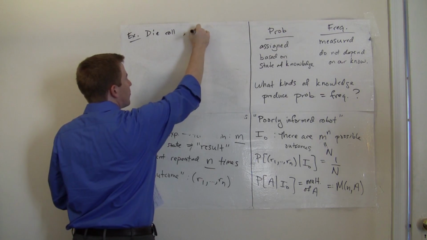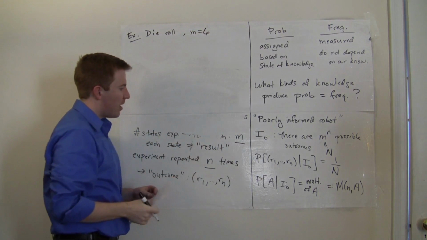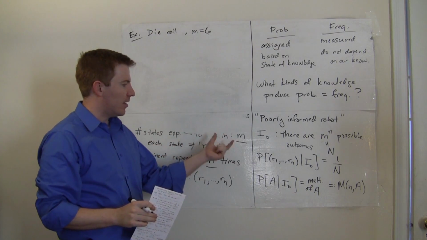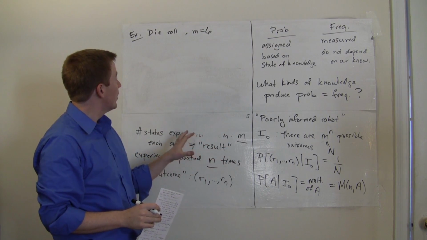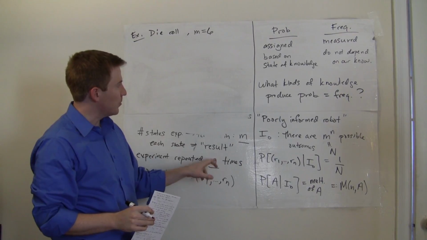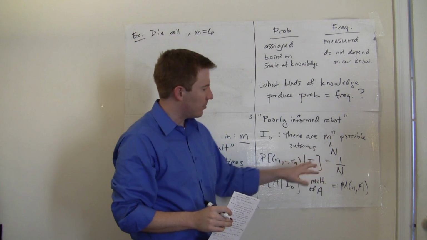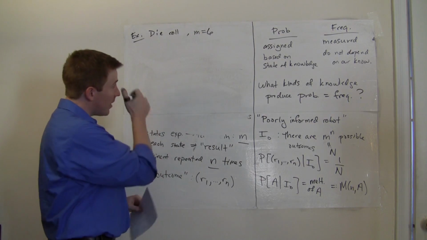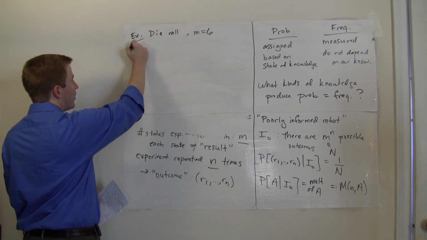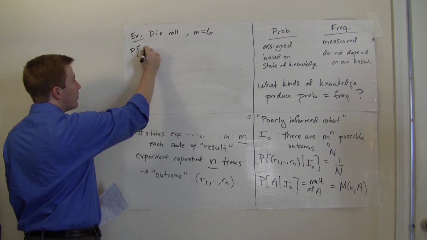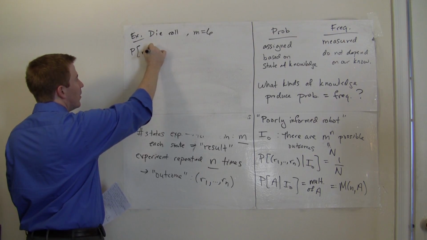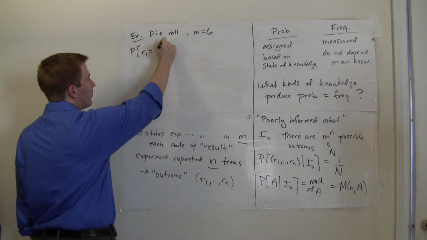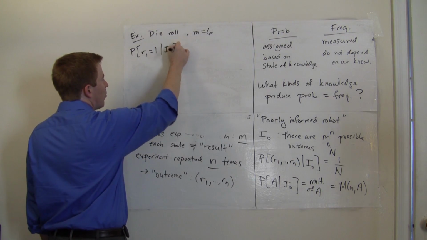That means that we have 6 possible states, 6 outcomes, or 6 results that the die roll can produce. We assume that we do it n times, so this capital N number is going to be 6 to the n. Let's say that we wanted to ask the poorly informed robot, what's the probability that the first die roll that we get is a 1? So what is that?